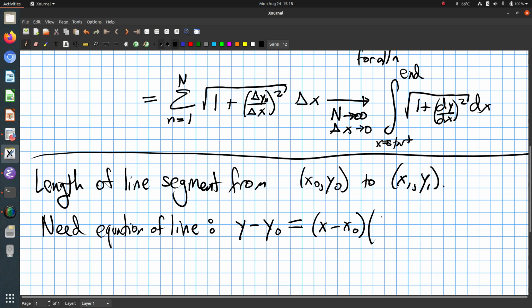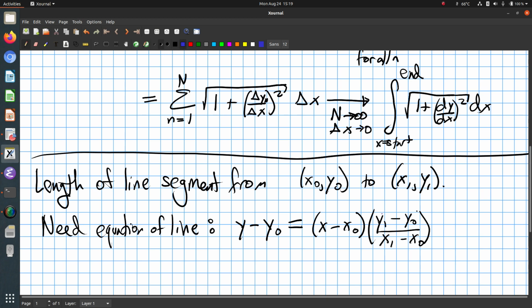So I now need the slope. And you should notice if I put in x is equal to x1, I'll find out that y is equal to y1. If I put in that x is equal to x naught, I'll find out that y is equal to y naught.